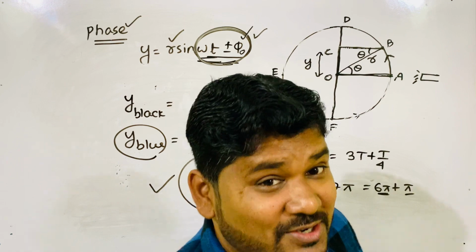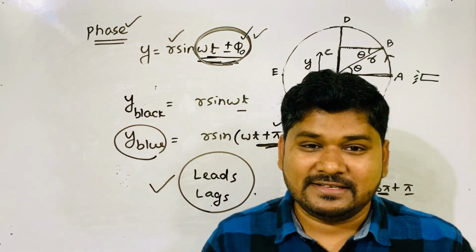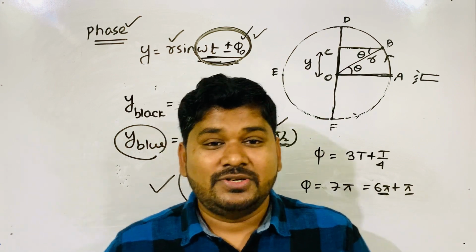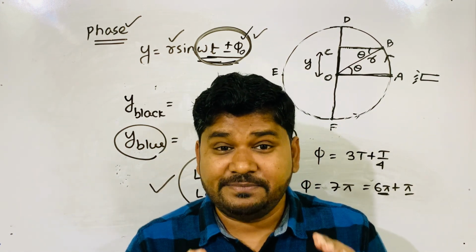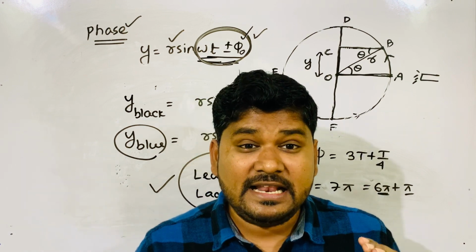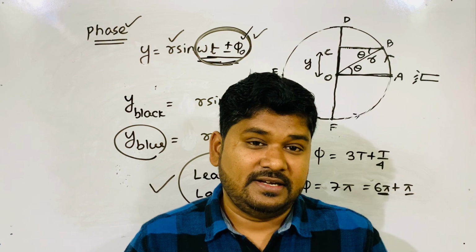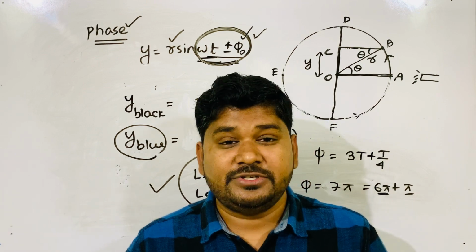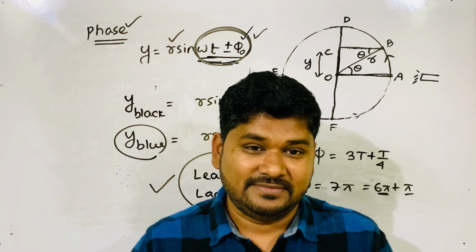That may or may not be constant, again more complications, we'll discuss later. So hope you understood what is phase, what is phase difference, what is initial phase, what is the requirement of a phase, and we will discuss the analogy between circular motion and SHM today.